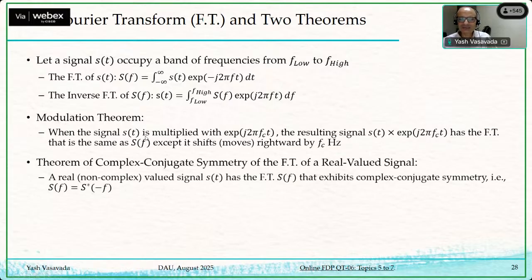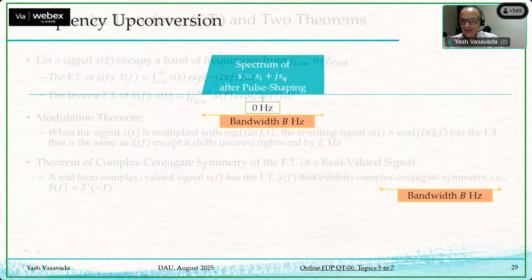And then there is some theorem called the complex conjugate symmetry theorem. If you have already studied Fourier transformation, this all should come easy to you. If you have not studied, then you have to just take my word for it. Okay, it's not possible for me to explain the concept behind these theorems, except maybe I will show it visually what is happening.